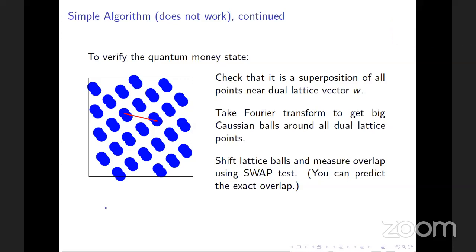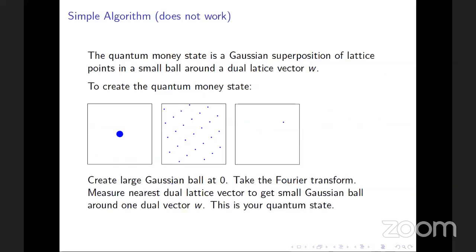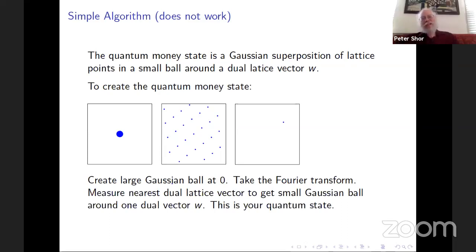Right, but the radius is exponentially smaller than the minimum distance of the dual lattice. That's right. But of course, P is exponentially large, so you can make this a fairly large Gaussian ball, even though its radius is exponentially small. Fair. Well, fairly large in relative terms of the number of points in it.